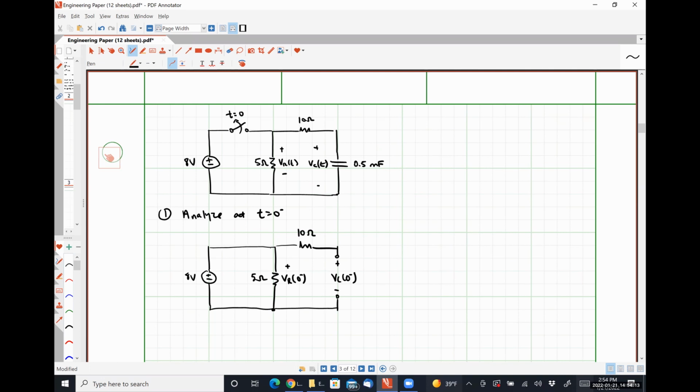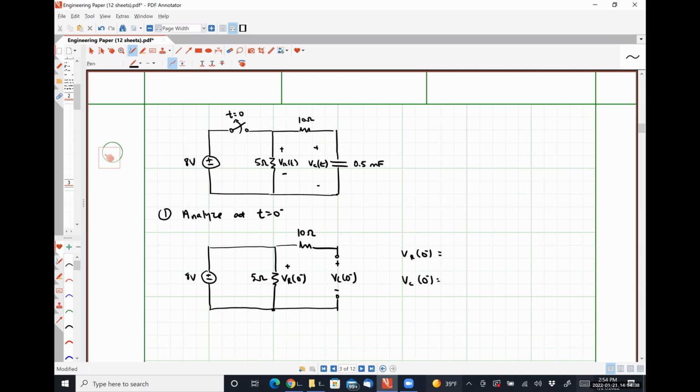All right, so I need to determine VR at 0 minus and VC at 0 minus. Anybody have any thoughts? Go ahead, Carter. 8 for VR.